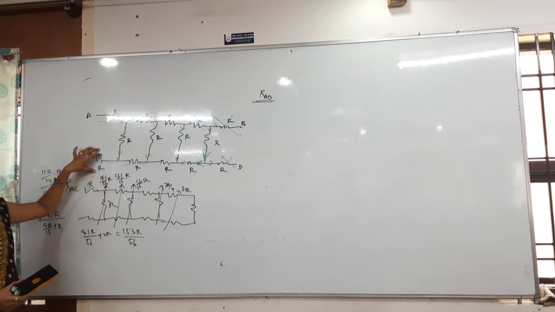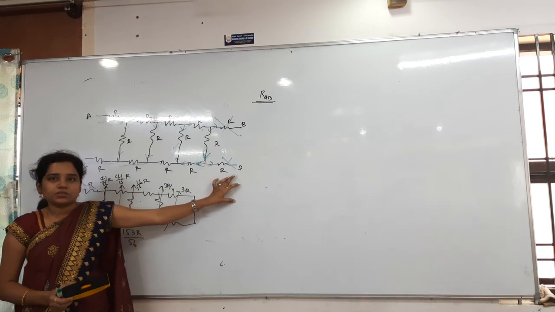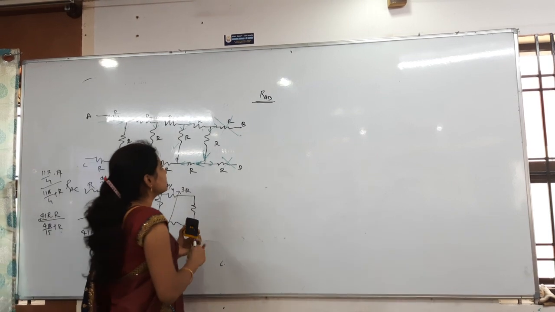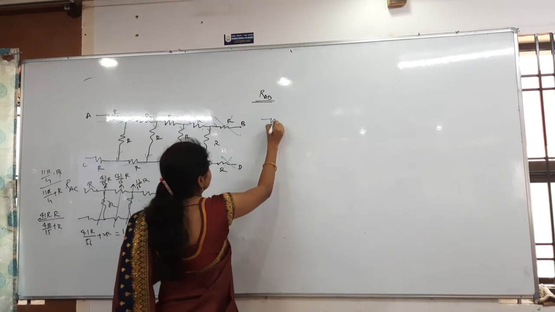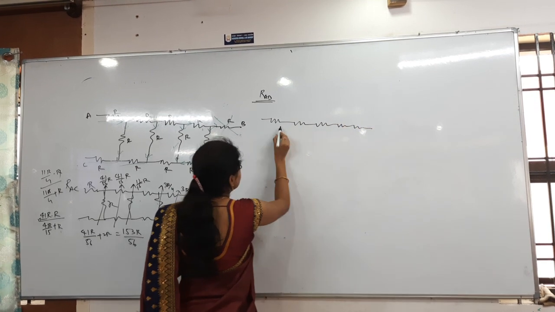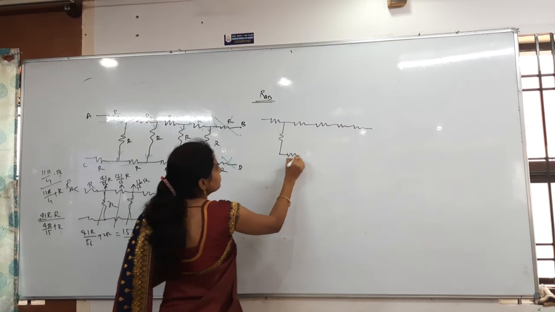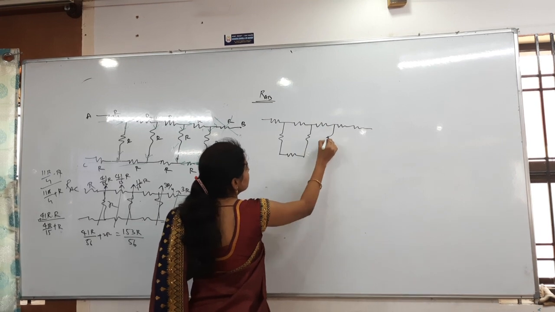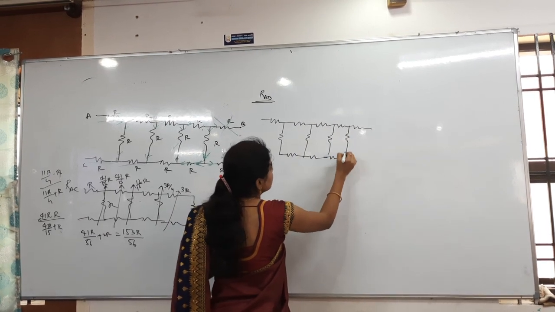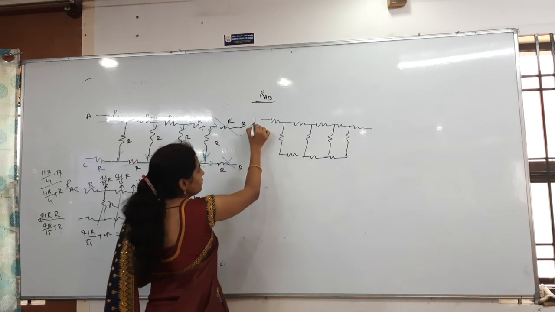The first one, and then this one, the C and D arms. Whenever you remove these two, your circuit will become like this. This is how your circuit will be.